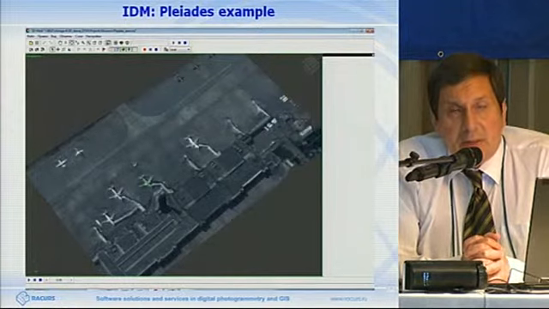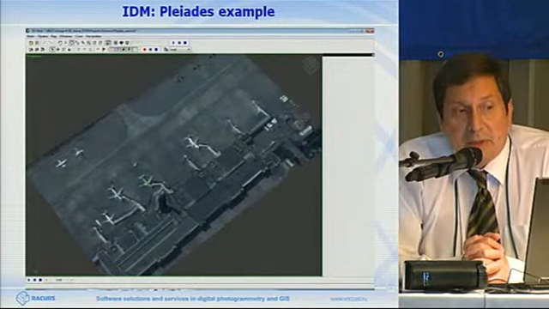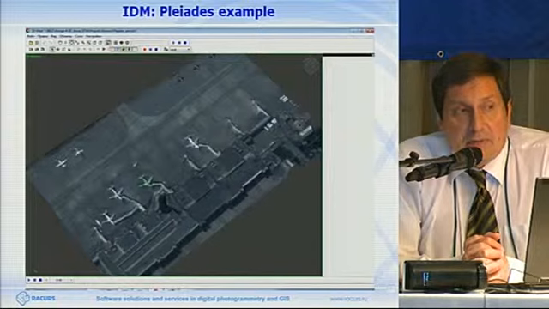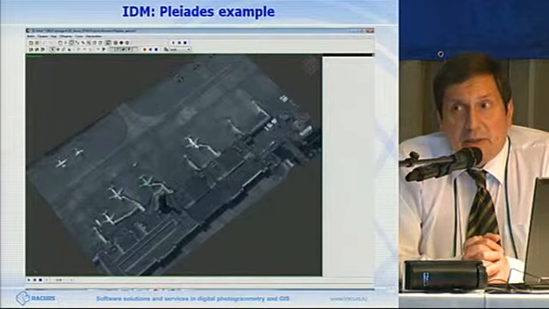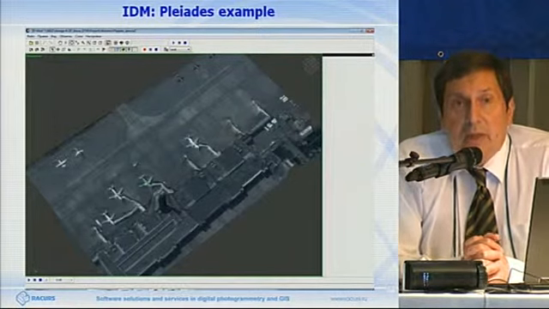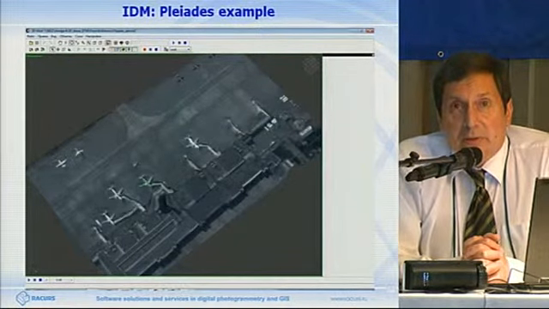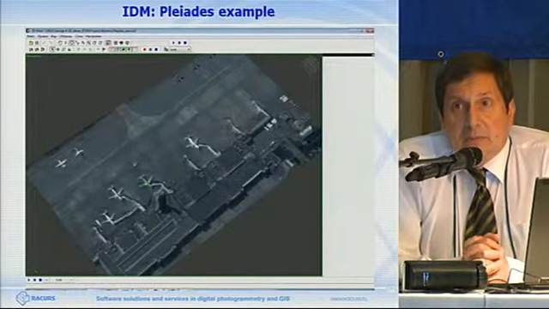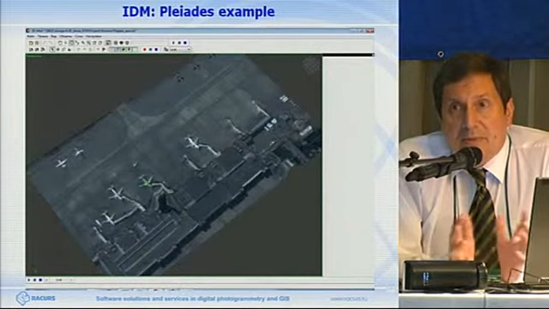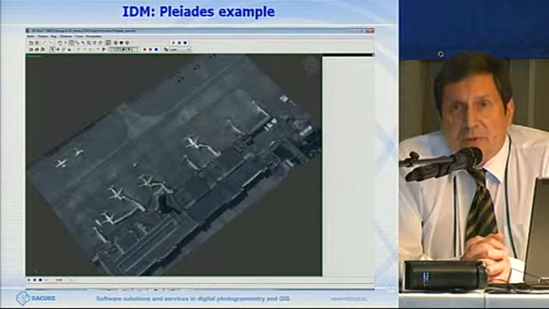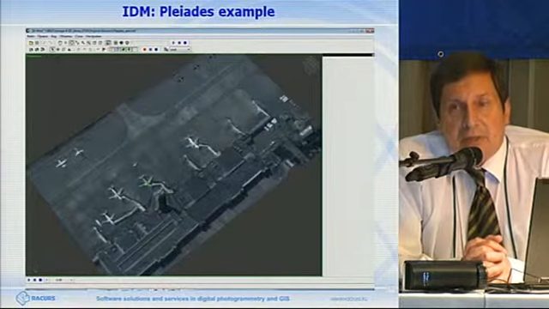Tomorrow we will have a special presentation on Pleiades. We processed 3 stereos from Pleiades for Orenburg. The imaging was done in such a way that there was only a 20-degree difference between 2 angles.